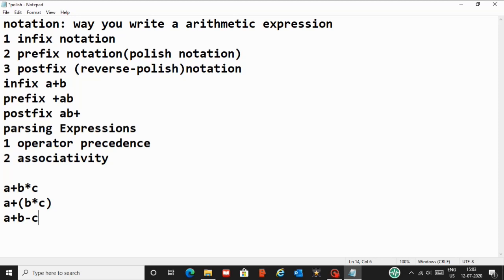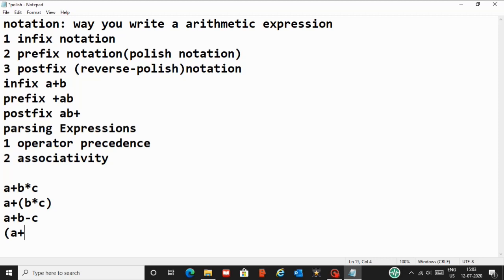Plus and minus have equal precedence as well as being left associative. So which is first here? Plus is first. So A plus B.